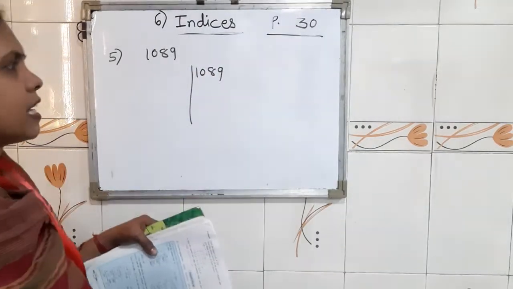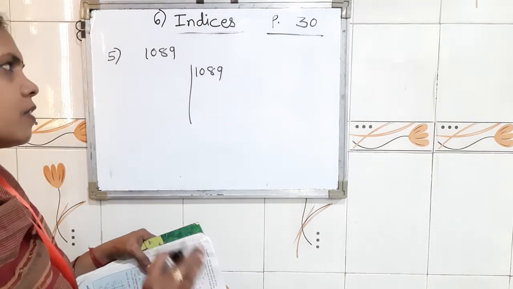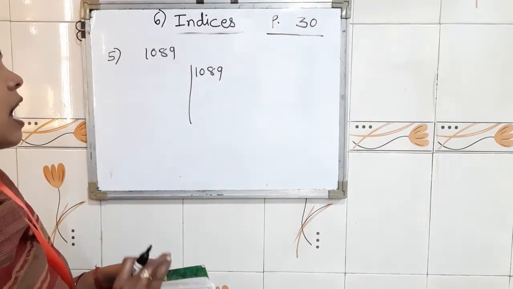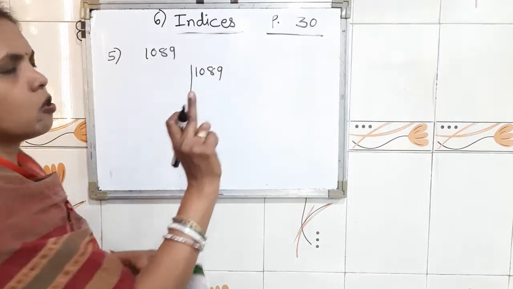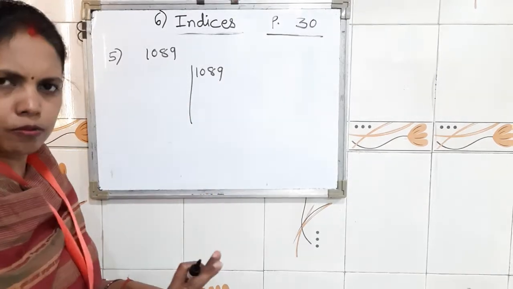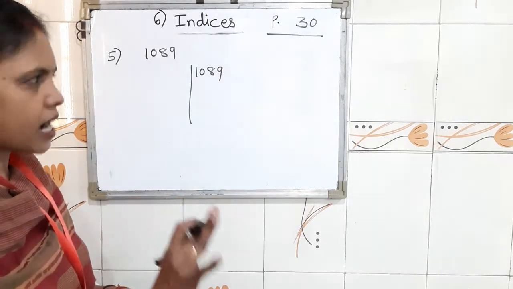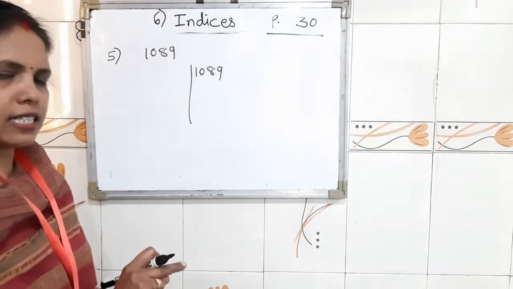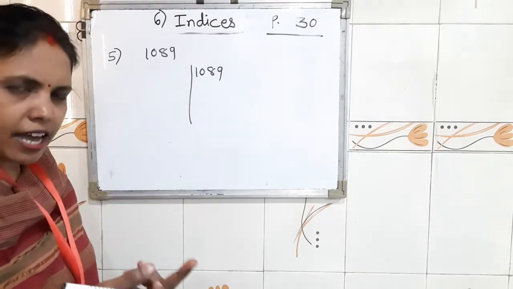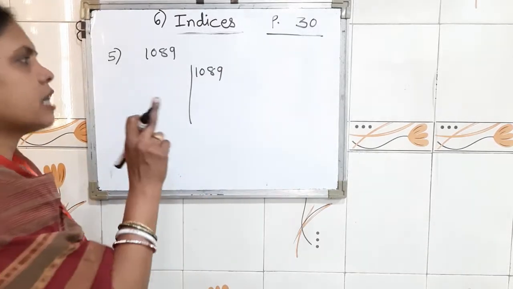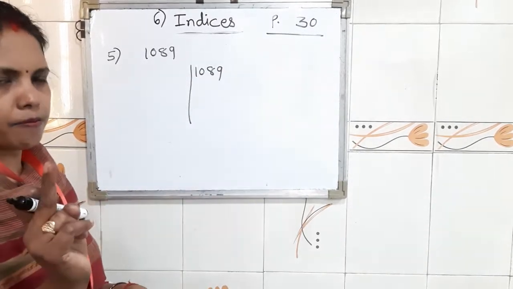In the unit place 9 is there, means it will not divide by 2. As well as 89, it will not divide by 4. Next, with 5 also we can't divide, because only a number with 0 or 5 in the unit place will divide by 5.